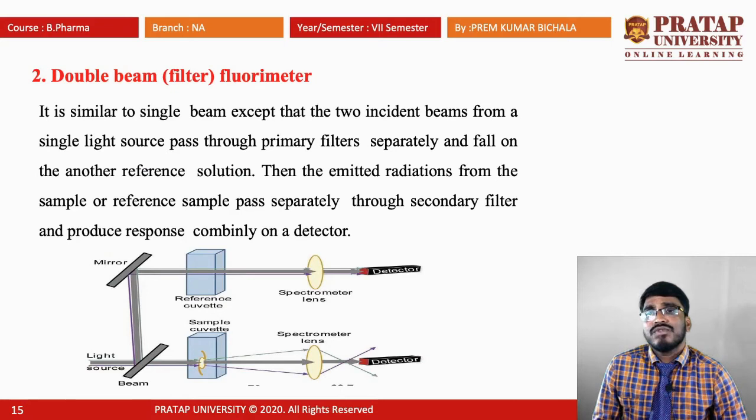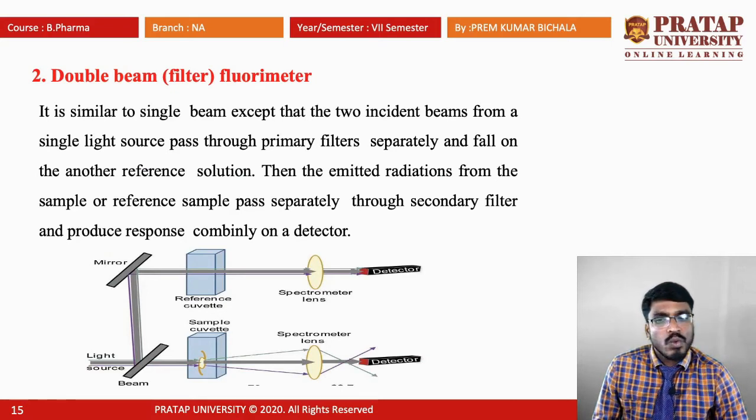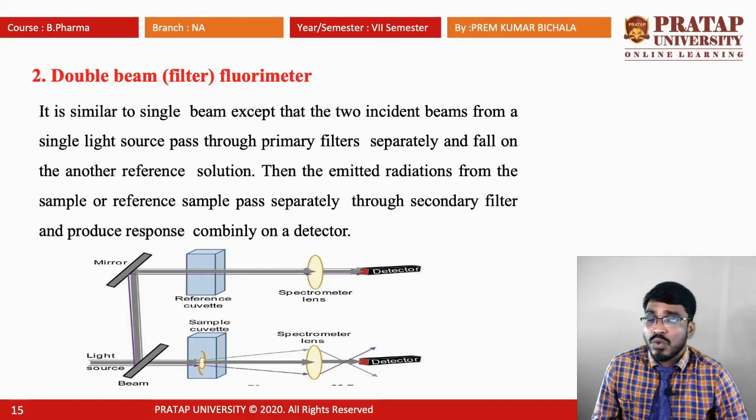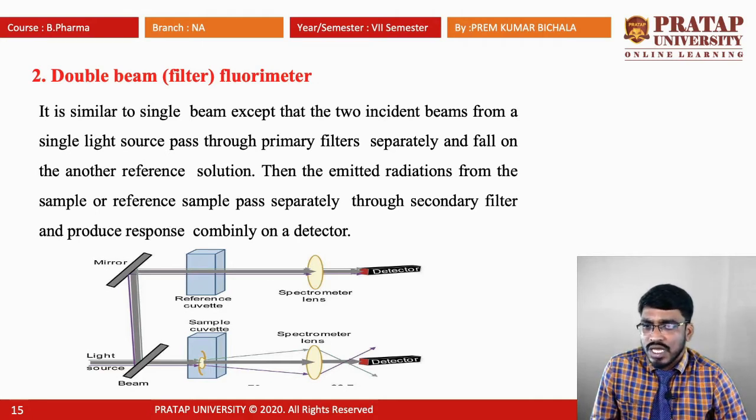In a single beam fluorimeter, we have only one filter, which is used at a time, so we can use only one cuvette, either the sample cell or the reference cell. Whereas in double beam, we can use two different filters and two different beams.